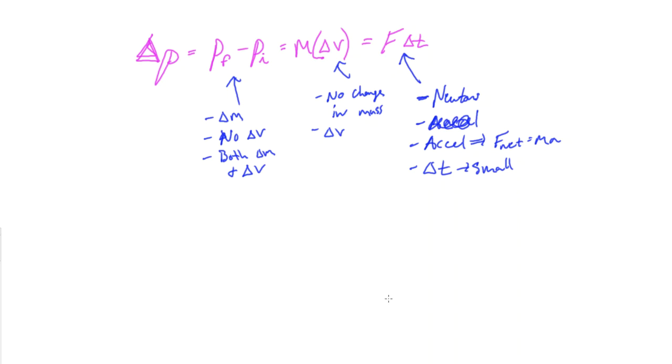Now, you'll find in this class that when you have an impulse graph with force and time, you can calculate a couple of interesting things. Let's draw a graph here. I have clearly a positive force for some time interval, and then a negative force for some time interval.